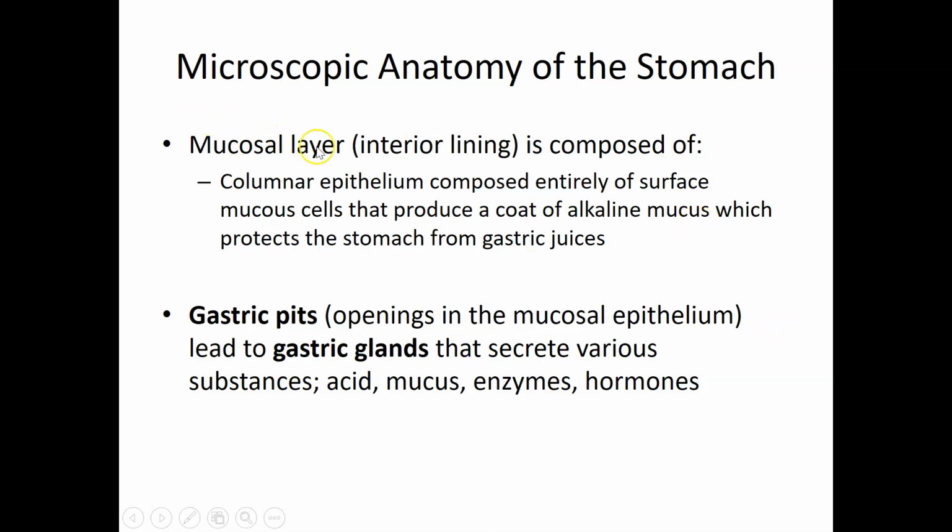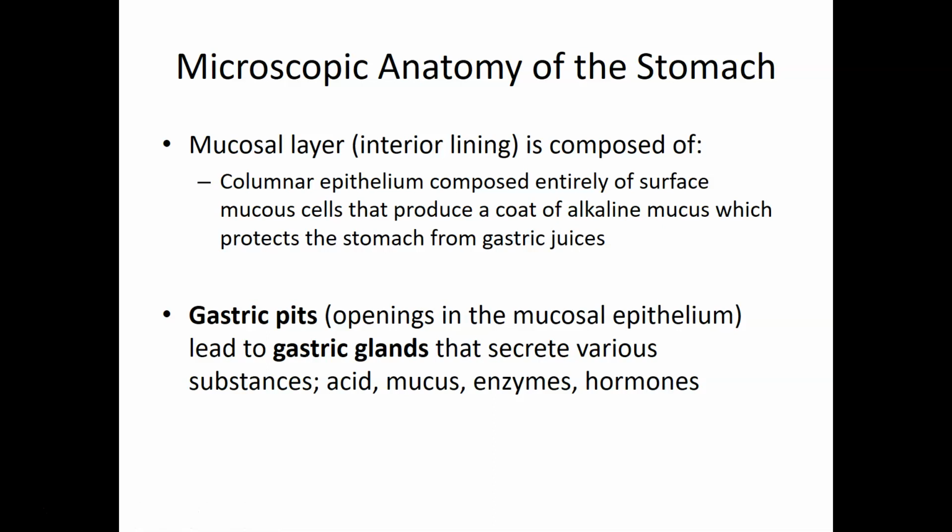So if we're looking at the mucosal layer of the stomach wall, one thing that's different from previous sections is that the epithelial layer of the mucosal layer is made up of a simple columnar epithelium. And that is lining the entire inner surface of the stomach.